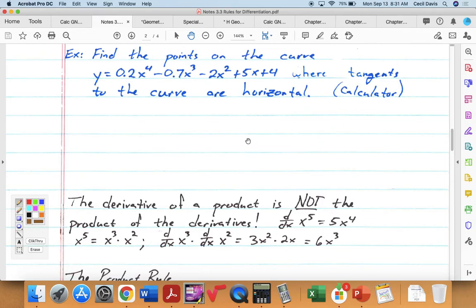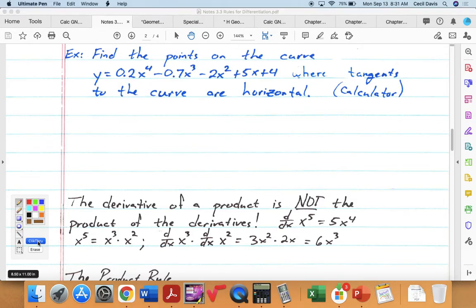That does not mean graph and estimate, which I've seen students do. And you get kind of close, or can, and it also doesn't mean, oh, I'm using a calculator, I don't have to show any work. Doesn't mean that either. Okay?